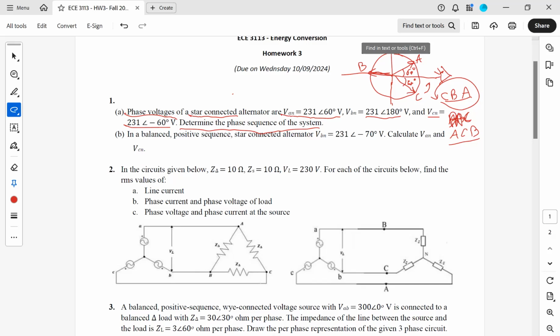Now, part B says that in a balanced positive-sequence, star-connected alternator, we have our phase B voltage.